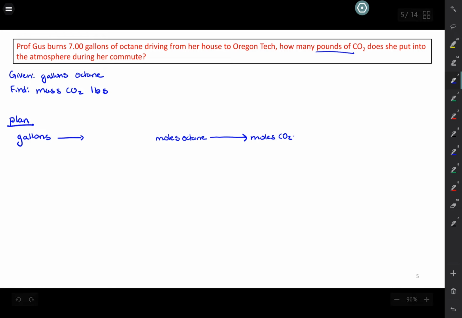And for moles of CO2, I just use molar mass to go to grams of CO2. And then I could convert using some conversion factor between grams and pounds of CO2. So that's not too hard.